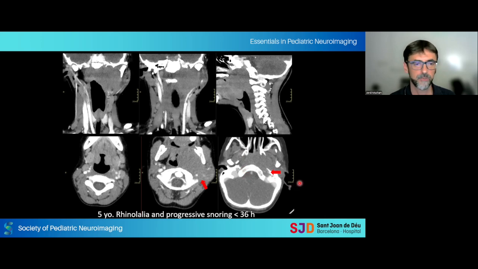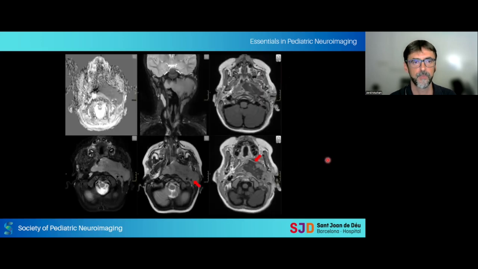It was an emergency, so that's what we did, a CT, but it clearly encases the vessels. We cannot see the jugular vein, and in fact it invades the left jugular foramen in the skull base, and it really narrows the airway. So be careful with this lesion.